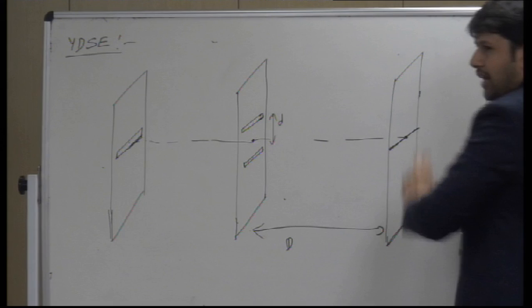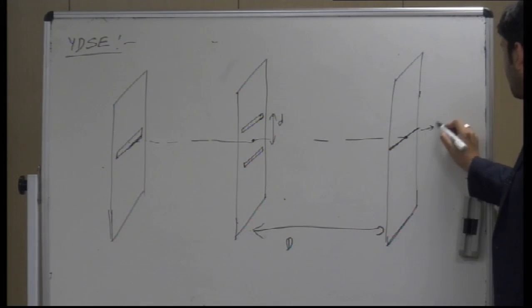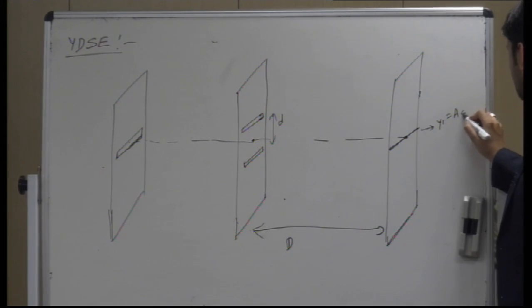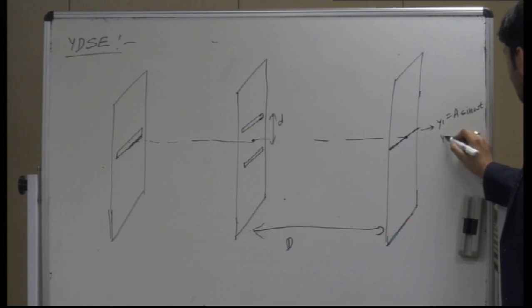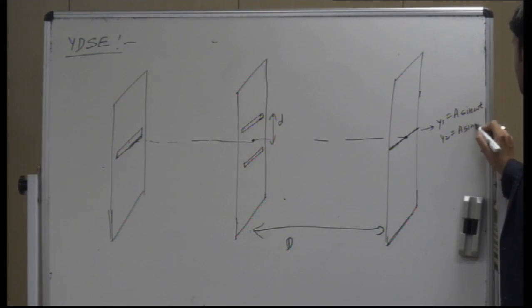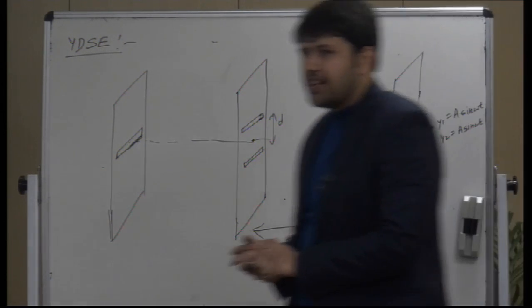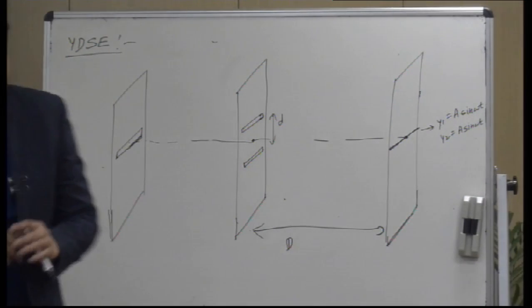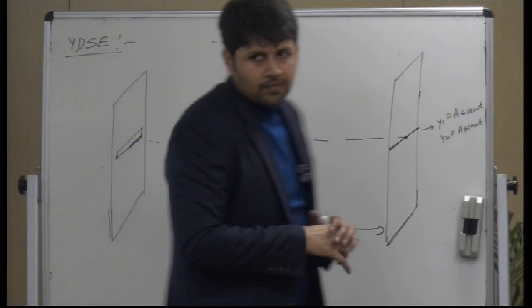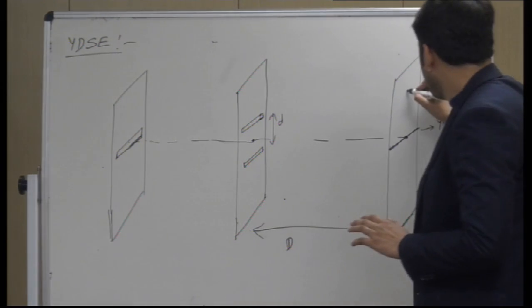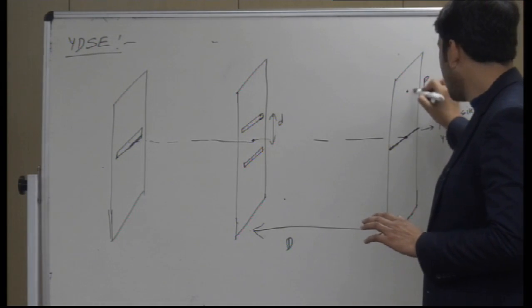So, here what would happen? The two waves coming would be like this. A sin omega t, the other one would be again A sin omega t. No phase difference. Let's discuss why the discussion of path difference and phase difference is important. Let's consider any point P here, which is at some distance.